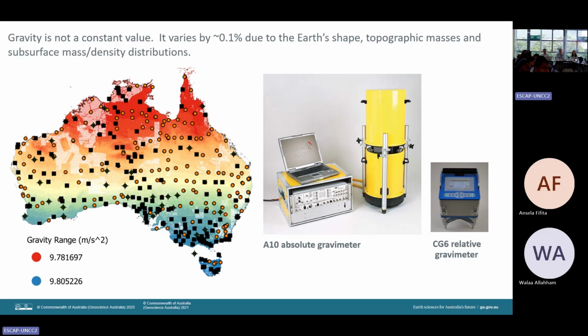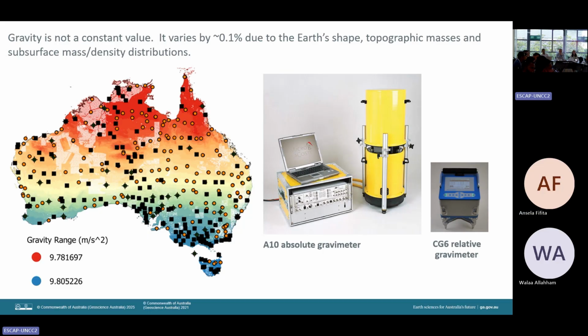They're shown there as the little markers, the black squares, circles, and crosses. And the large majority of them have been measured with the A10 gravimeter shown there in the middle, the yellow thing. This is an instrument that drops a mass and measures how fast it falls with laser interferometry, and it can capture gravity very precisely down to about the 6th or 7th decimal place of a meters per second squared type number.